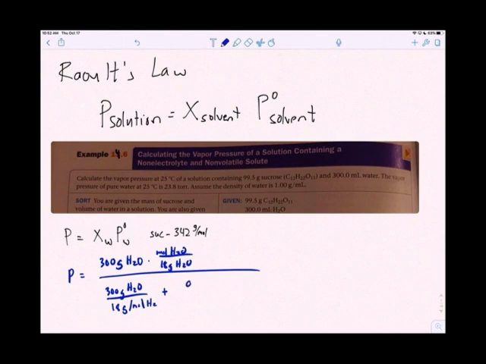So we have 99.5 grams sucrose times mole sucrose over 342 grams of sucrose.